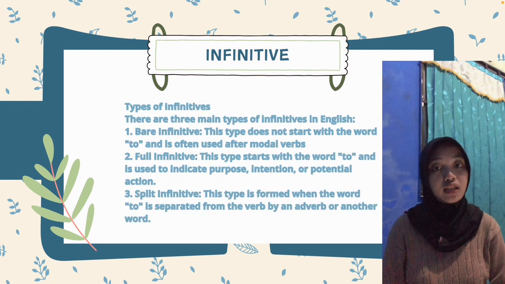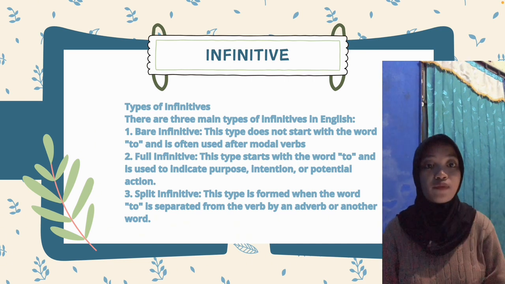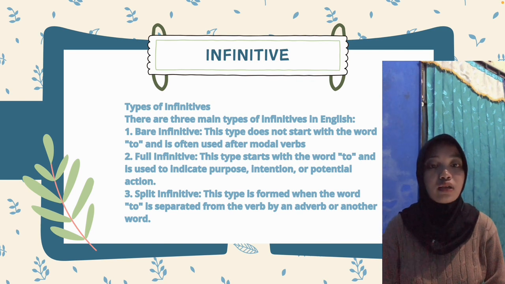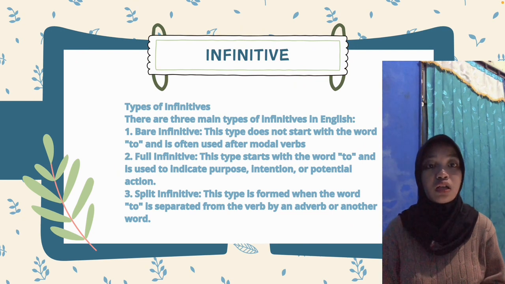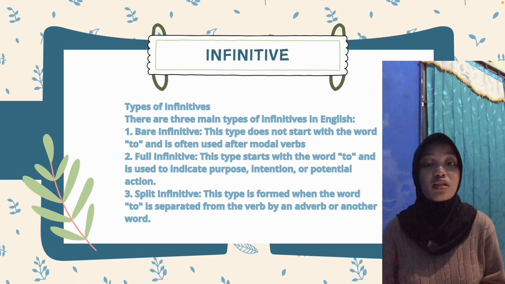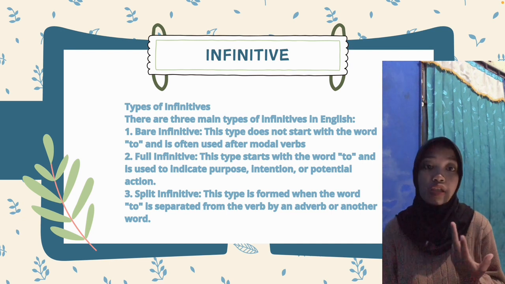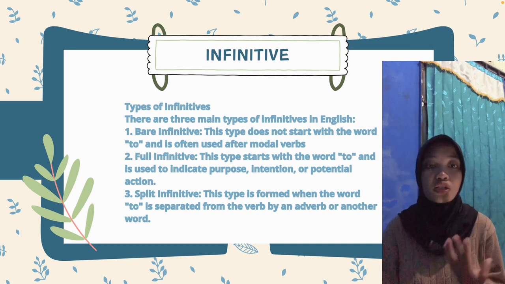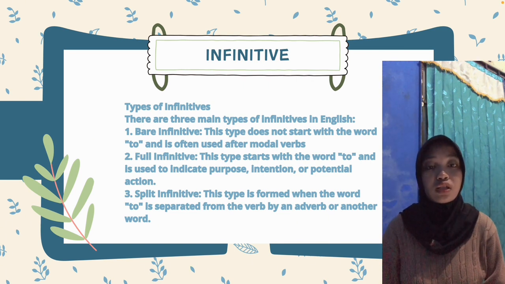Okay, next, types of infinitive. There are three main types of infinitive in English. First one, bare infinitive. This type does not start with the word to and is often used after modal verbs like can, could, may, might, must, shall, should, will, and would.